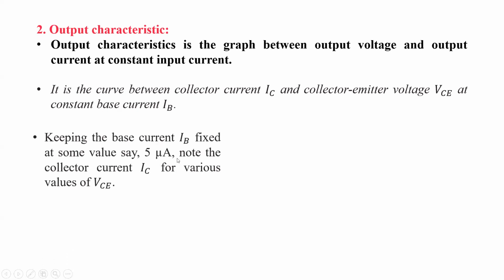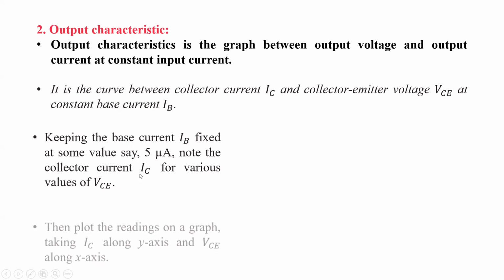If we keep the base current constant, suppose 5 microampere, then we have to note the variation of collector current for different values of VC.